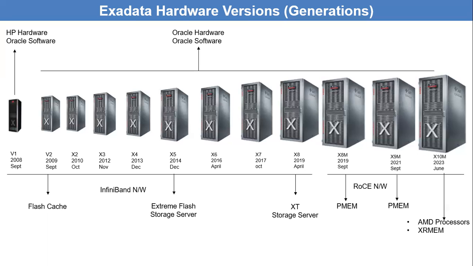So that way, the X10M version servers are more powerful because you have more CPU cores, and more CPU cores can support more memory. So that way, these are more powerful servers. That means they can handle more workload and give you the best possible performance compared to earlier versions of Exadata.